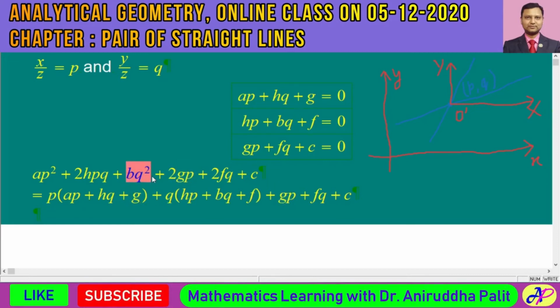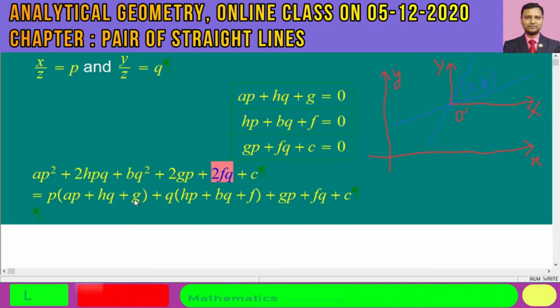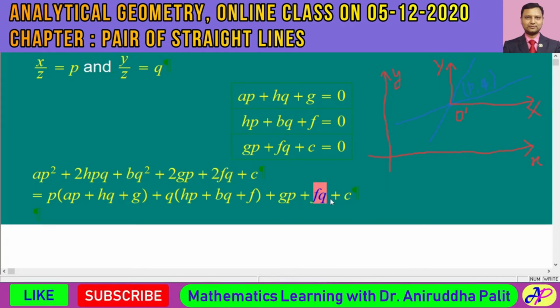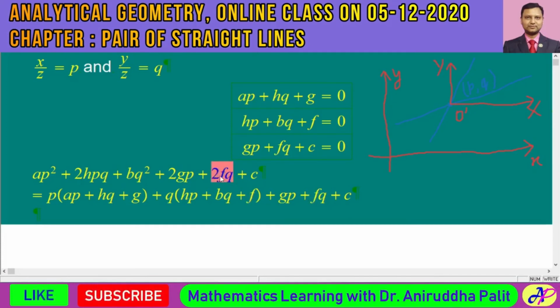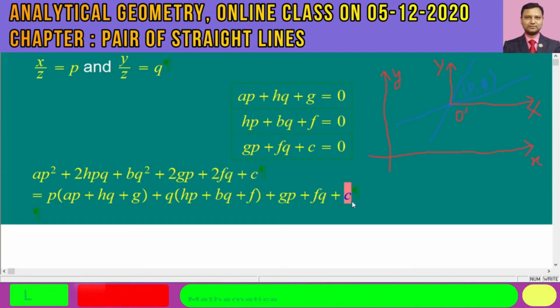And what is b q square? b q square would come from this b q multiplied by q. And over here, what is twice f q? We have f q over here, and this f into q would together construct twice f q, and one more c is there.